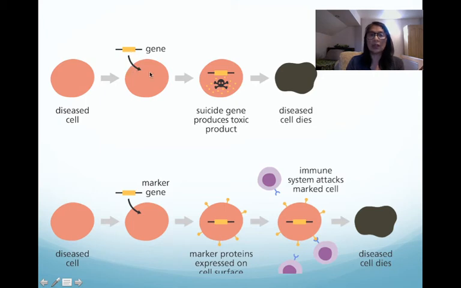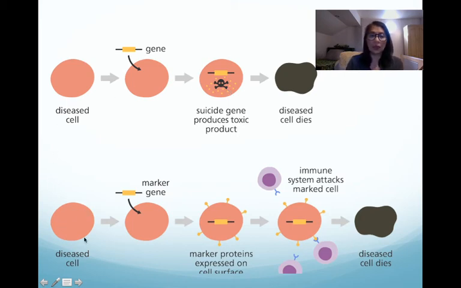The gene that is inserted is the suicide gene. This suicide gene is going to produce toxic products that will kill the diseased cell. So it will not anymore affect the body of the individual, because the faulty gene is now killed, or removed from the body.